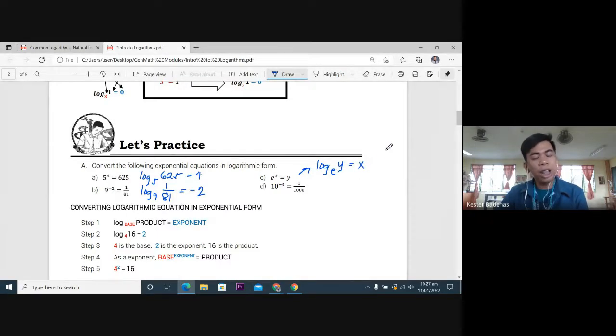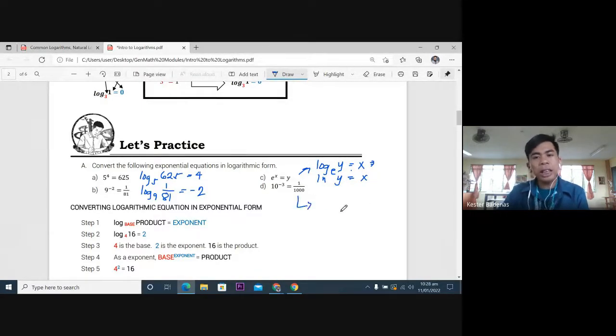But remember, since we have e as the base, that would become ln of y is equal to x. So ln y equals x.